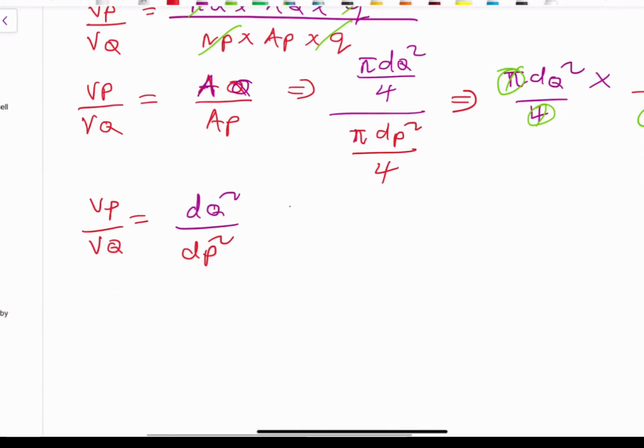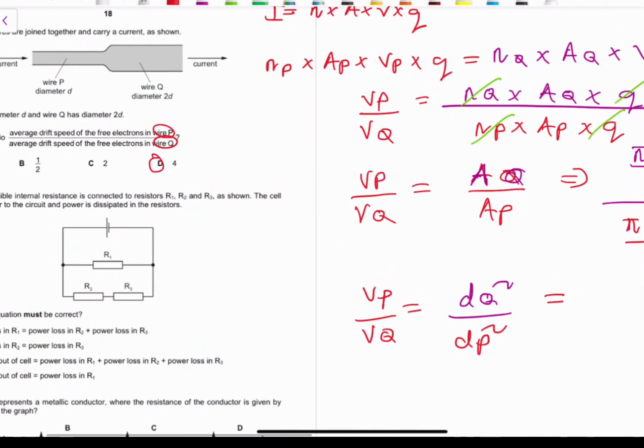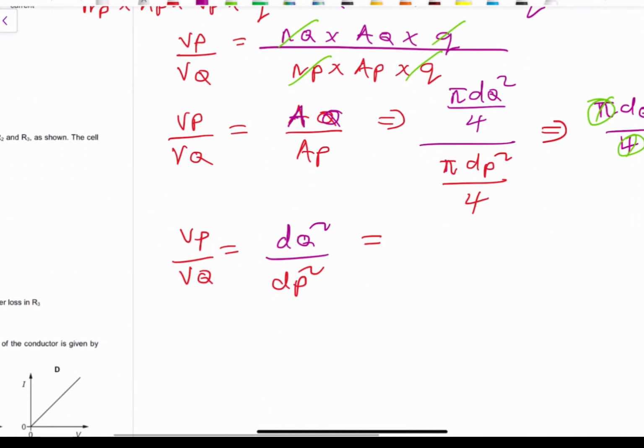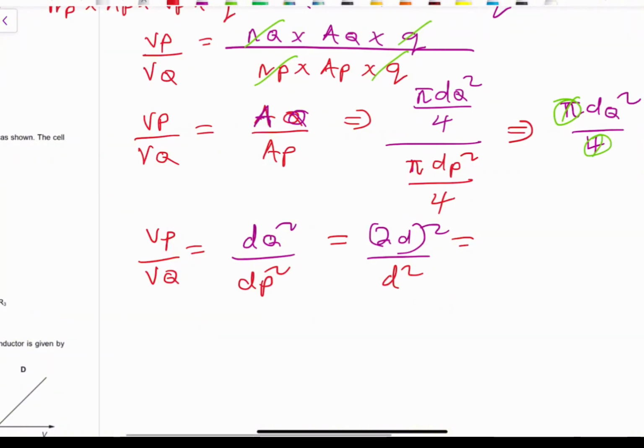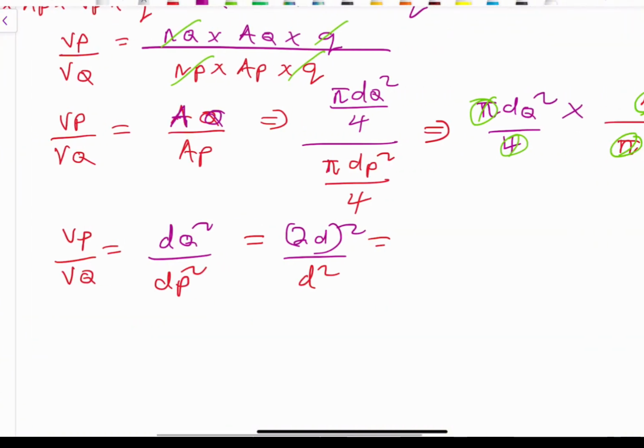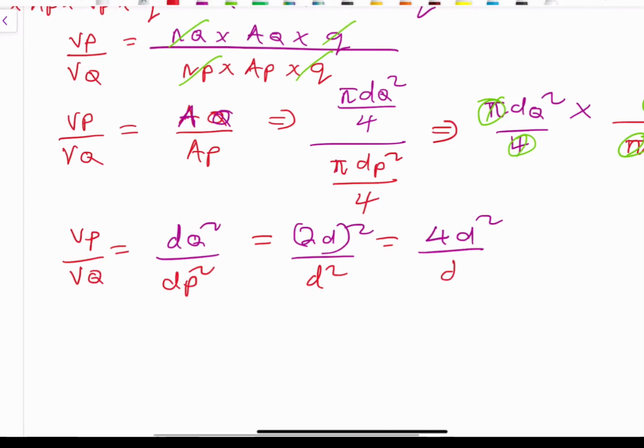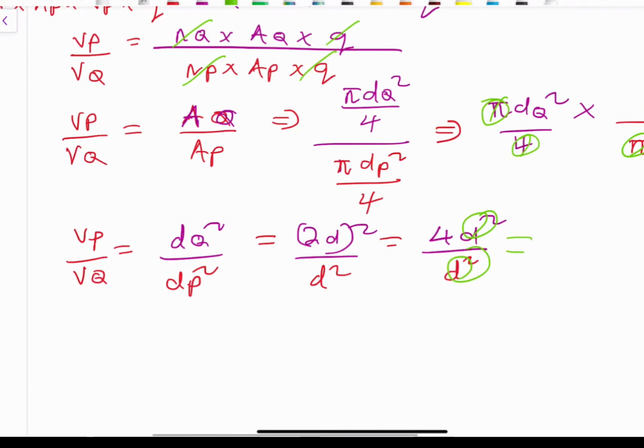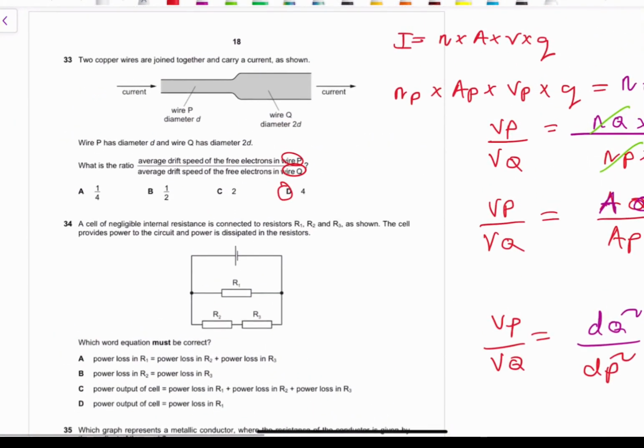But dq is actually 2d, so that's 2d squared, divided by dp, which is d squared. So that's 4d squared divided by d squared, and those two cancel out because they are the same. That gives you an answer of 4, which is D.